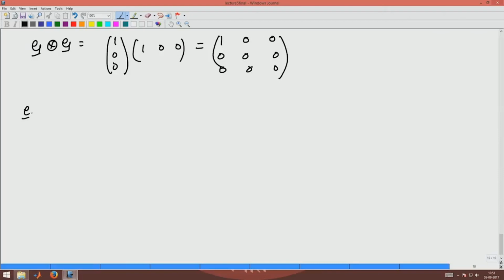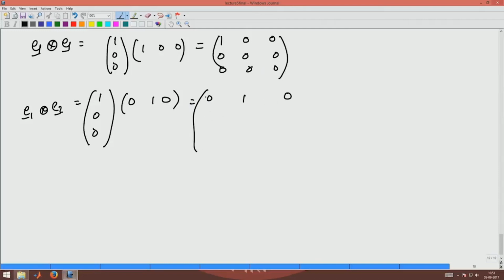Similarly, E1 tensor product E2 would be 1 0 0 times 0 1 0, which will be 0 1 0 0 0 0 0 0 0.